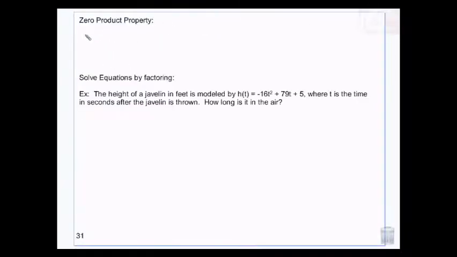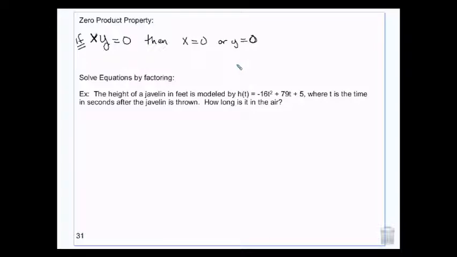The product property is one of those properties that when you understand it, you go, well, duh. Basically, if you have two things multiplied together and it equals 0, then x equals 0 or y equals 0.